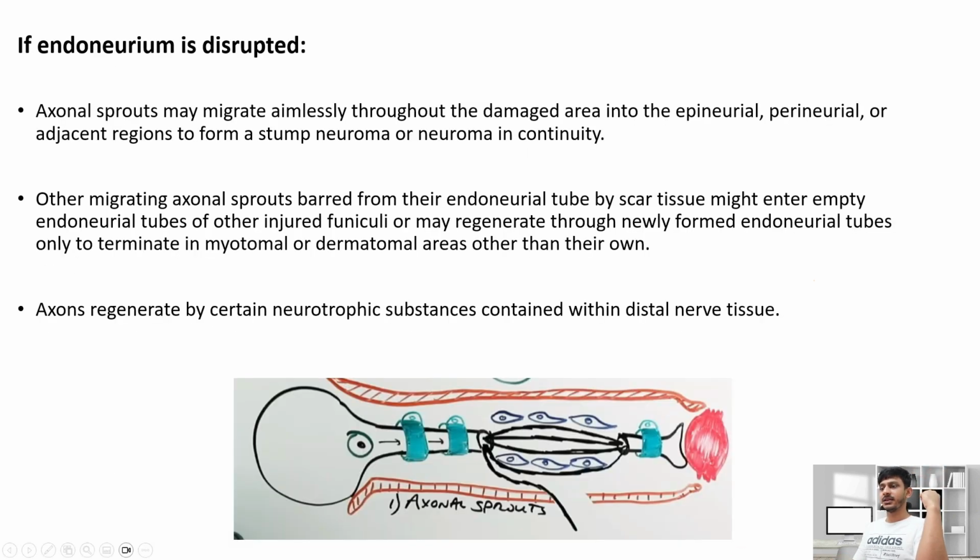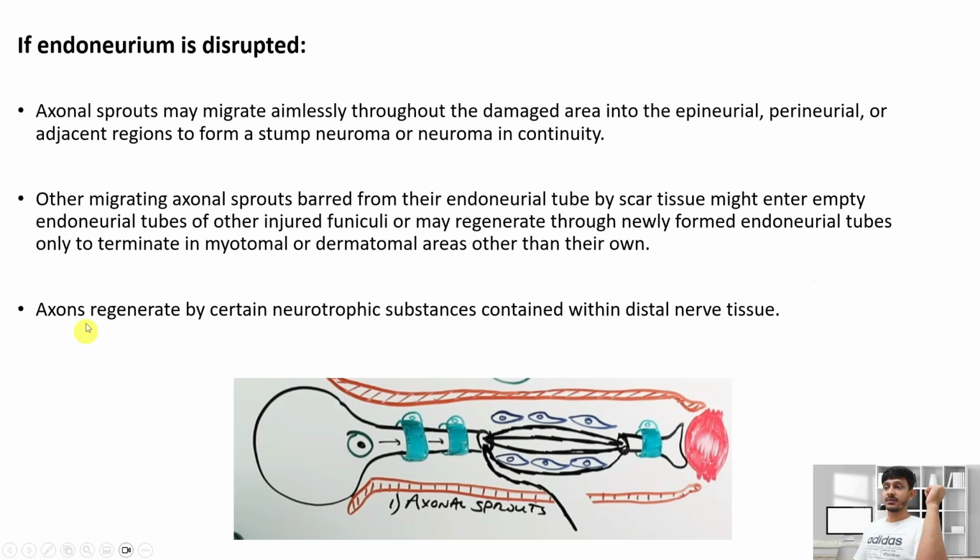If the endoneurium is disrupted, the axonal sprouts can go out and innervate some other axonal sprouts, or they might not innervate anything at all. So this is why it's important for the endoneurium to be intact.